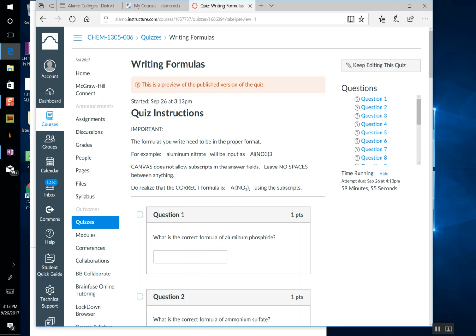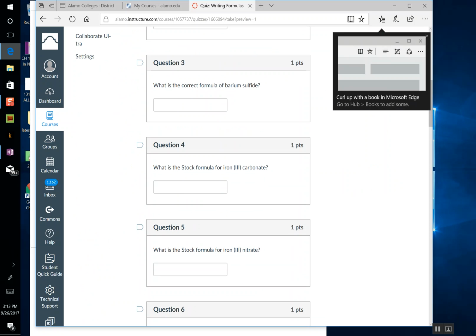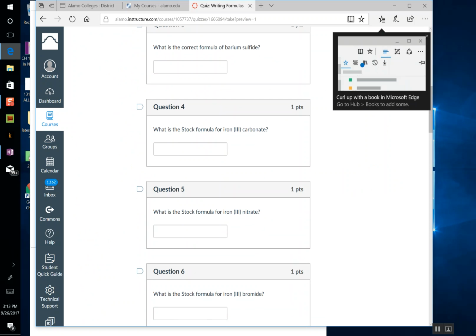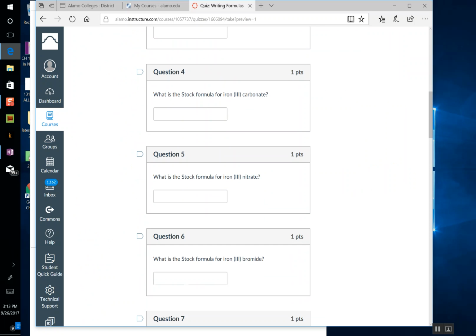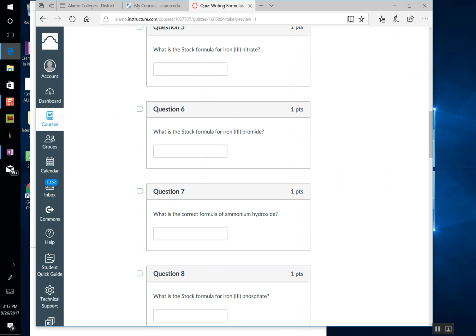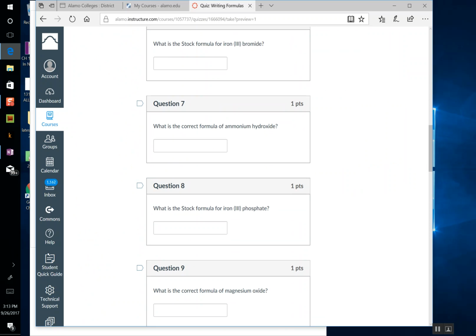I couldn't type anything in earlier. So, iron 3 carbonate. What is that? Well, ammonium hydroxide. Let's see if they'll let me type this in.